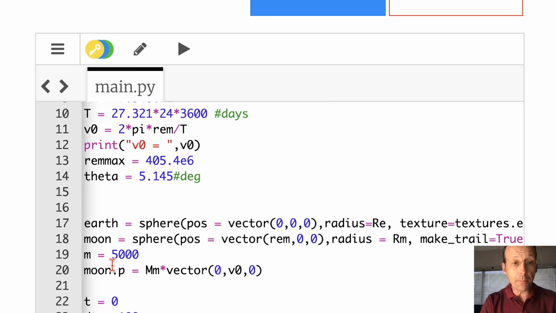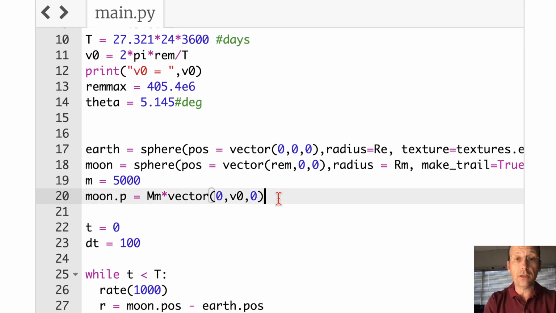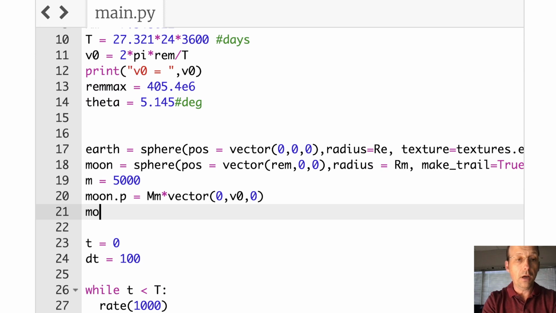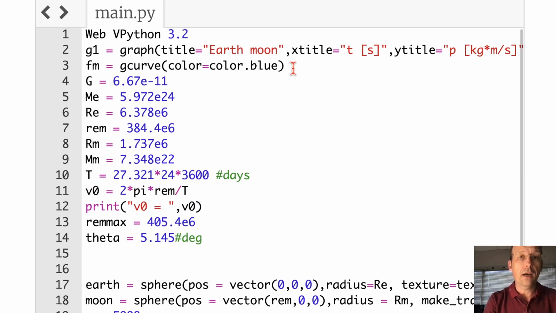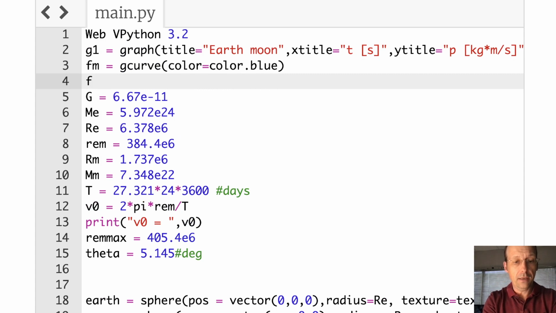So I have the momentum of the moon. Let's just say the Earth's momentum is Earth.p, and let's put that at mass of the Earth times vector 0, 0, 0. Let's say it's big. Let's put it at rest. That's fine. Up here, I'm going to plot fE equals gcurve, color equals color.red.